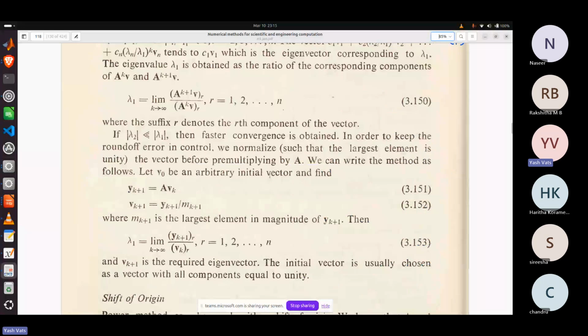You find y_(k+1), which is A times v_k. Then v_(k+1) is y_(k+1) divided by the largest element in magnitude of y_(k+1). Then lambda 1 is the limit of y_(k+1) divided by v_k. So it is not a very difficult thing.